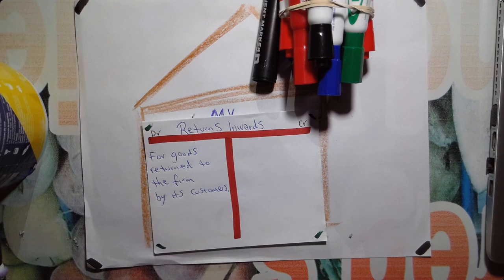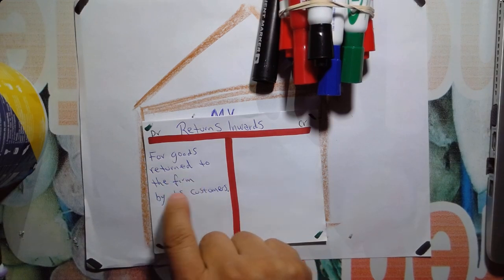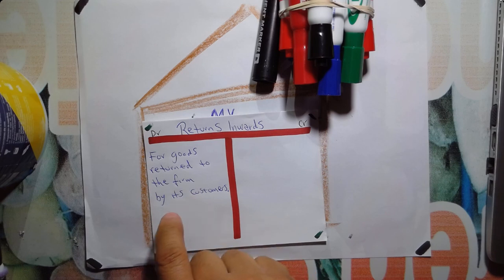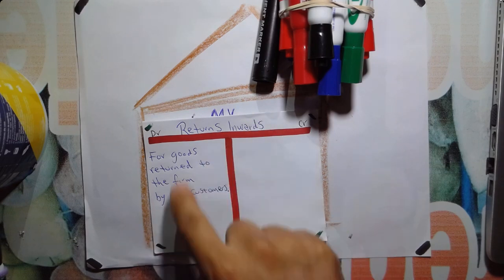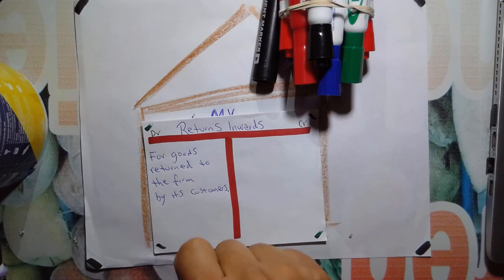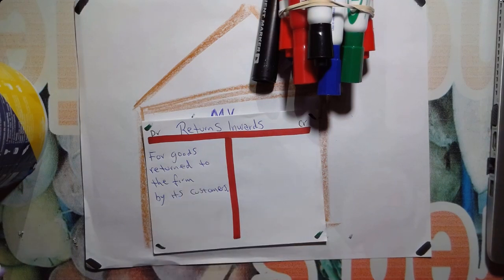Okay? So return inwards, when do we use it? We use it for goods returned to the firm by its customers. So these are returns. We will record the transactions on the debit side for returns made by our customers.